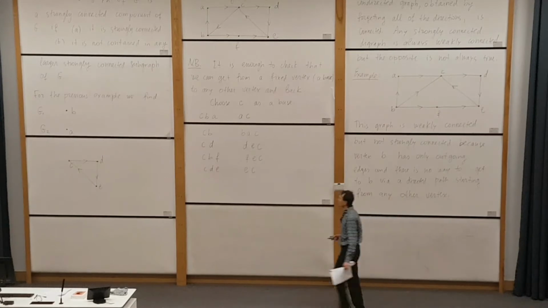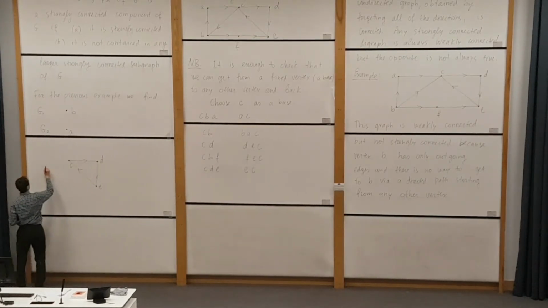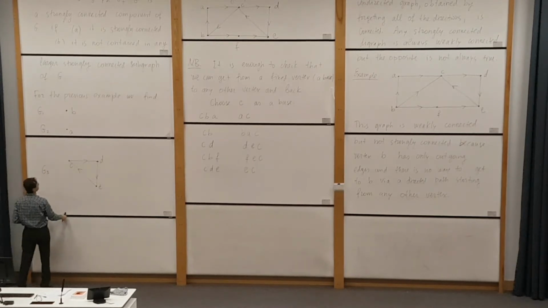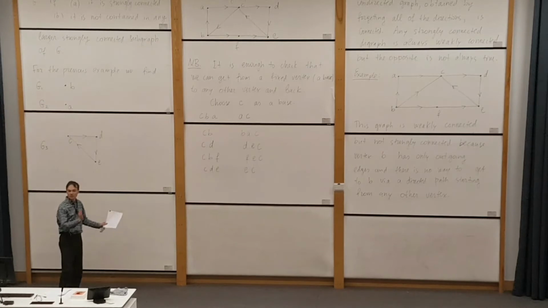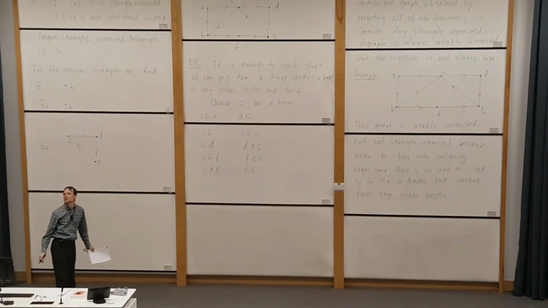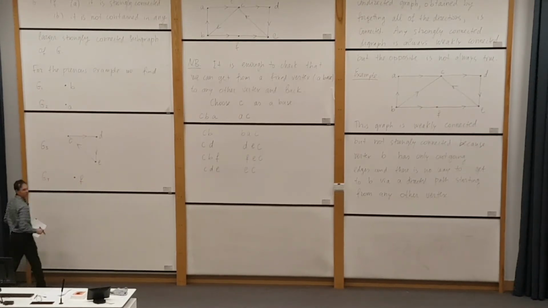So F cannot be added, therefore I stop here. That's my third strongly connected component. It's more interesting. And incidentally, we'll also check that F is another vertex which by itself forms a strongly connected component, and this one I call G4. So this exhausts all the vertices.